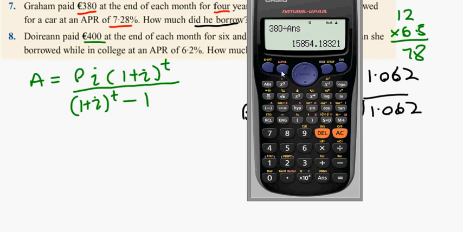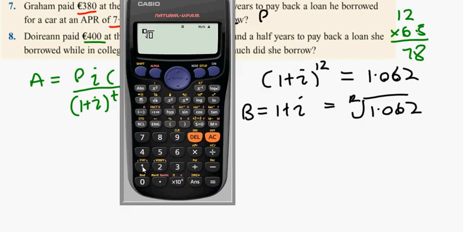So shift, the 12th root of 1.062, and we get 1.005.